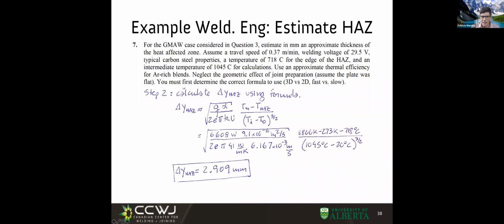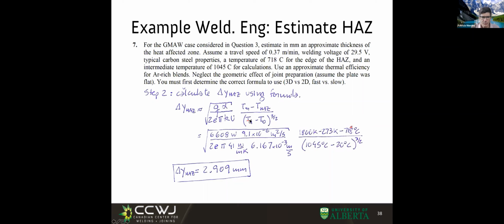we have 1800 Kelvin. There is a melting temperature, minus 273. So we turn it into degrees C. And 718 degrees C for the edge of the heat affected zone, right? But that depends alloy by alloy, right? But this is a typical value for A1.